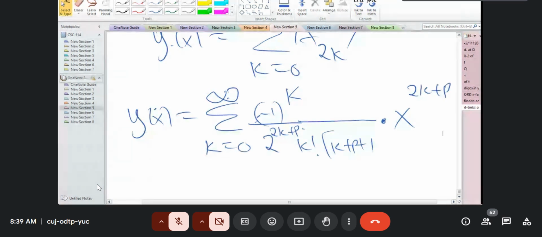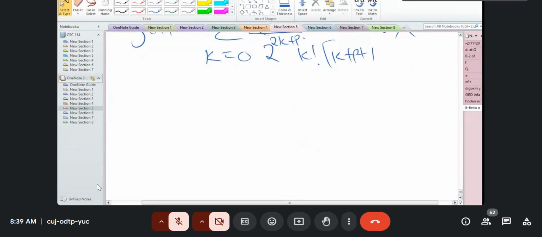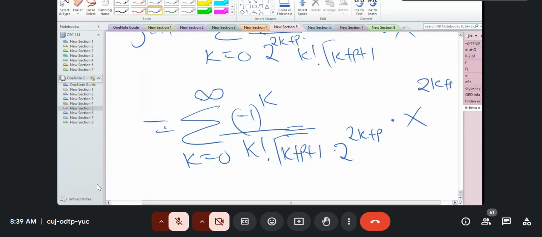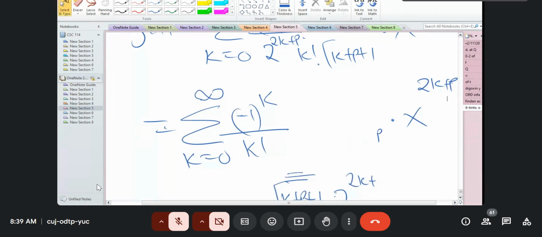We can do a bit of rearranging in the denominator. We start with k factorial gamma of k plus p plus 1, then write our 2 to the 2k plus p. So this is the summation from k is 0 to infinity minus 1 raised to power k divided by, let's start with k factorial, gamma of k plus p plus 1, then times 2 raised to 2k plus p. This is multiplied with x raised to the 2k plus p.